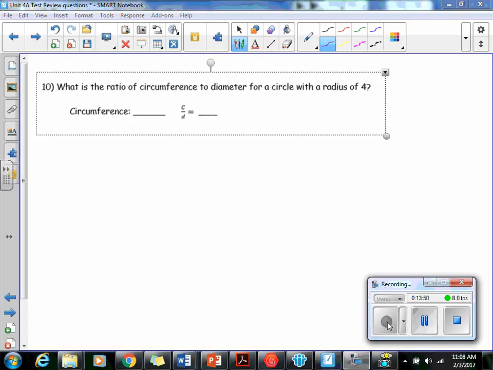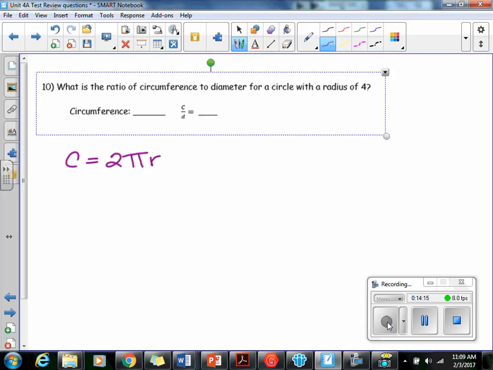Okay, so for number 10, it asks, what is the ratio of circumference to diameter for a circle with a radius of 4? Well, first thing you need to know is, what is the circumference? So the formula for circumference is C equals what? 2 pi r squared? Not squared, 2 pi r. So circumference is C equals 2 times pi times the radius.